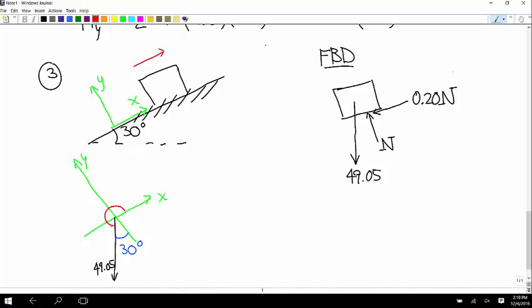The theta we want is this angle from the positive x-axis around to the vector. So that's 30 degrees short of 270. The negative y-axis would be 270. So that weight force is 49.05 times cosine of 240 and 49.05 times the sine of 240.